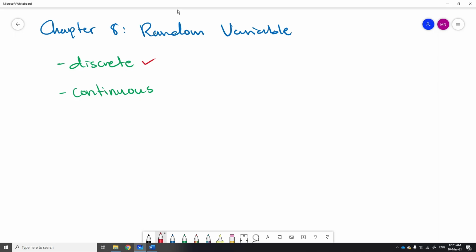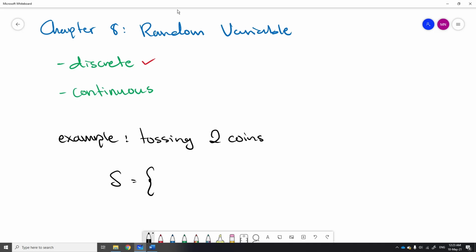A random variable is a variable whose value depends on the outcome of a random experiment. For example, we have an experiment of tossing two coins. The sample space in tossing two coins is head head, head tail, tail head, and tail tail.